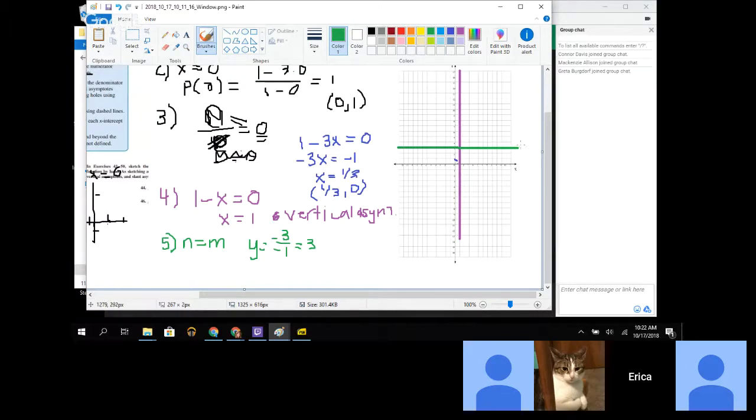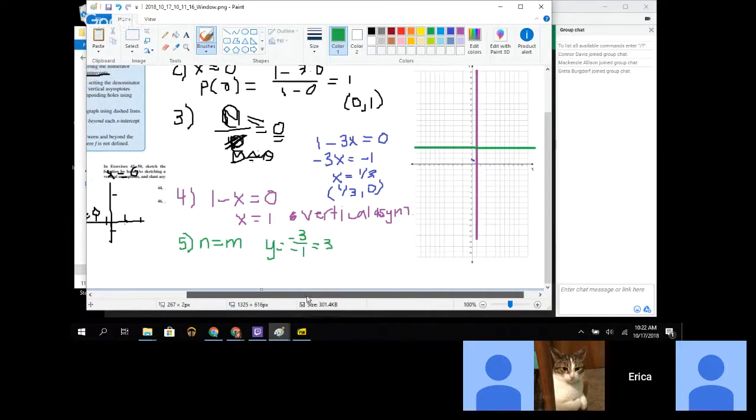So the last step is you're going to pick a couple of points that you know are going to exist inside of here and outside of here. All right, so step 6 is basically pick a couple points.